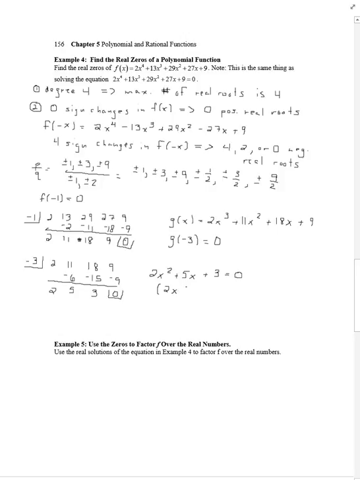So that gives me 2x plus 3 times x plus 1 equals 0. And so 2x plus 3 equals 0, or x plus 1 equals 0. So x equals -3 halves from the first equation, or x equals -1. So that's good.